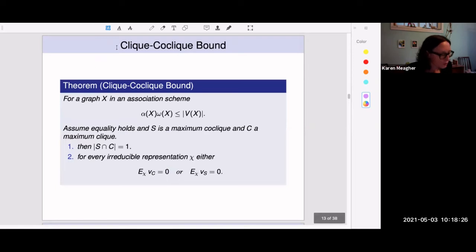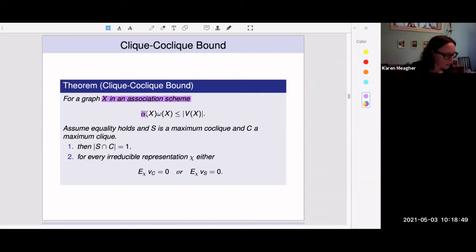Okay, so in terms of tools, one of the most basic tools that I would use is the clique-co-clique bound. It's sort of like plan A for any group. Anytime you're holding on to a group and you're wondering, is this EKR, trying a clique-co-clique bound is the easiest. If we have a graph, I wrote it as a graph in an association scheme, but if your graph is regular, that's good enough.